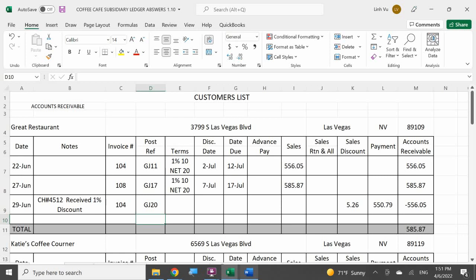We said that we gave a discount of $5.26, and the check should have been $550.79, to give us a total of $556.05 to be taken off of the accounts receivable. That means they only owe me $585.87, which is going to be for their invoice number 108. Okay.